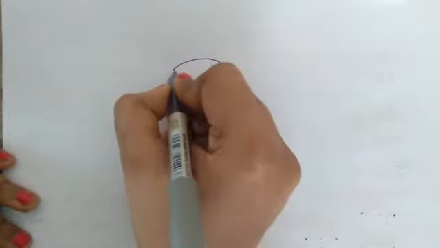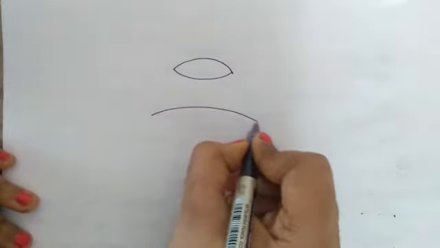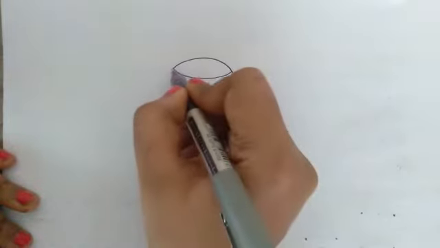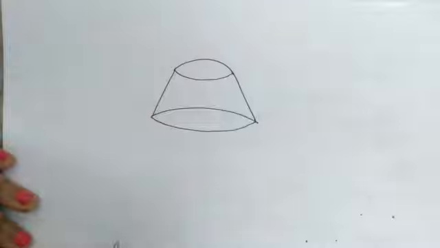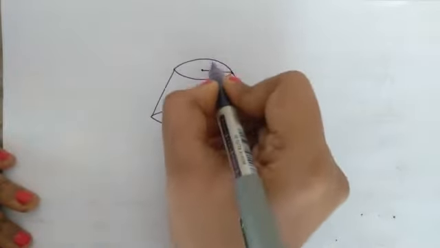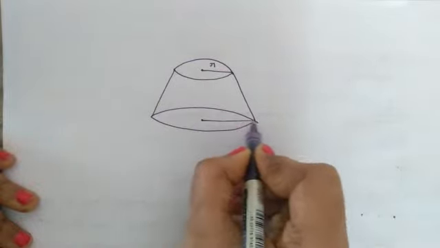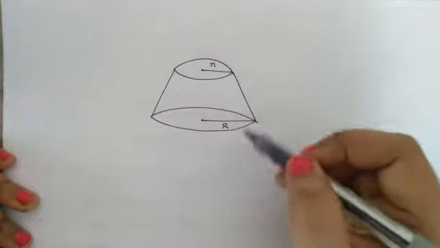So this is how a frustum looks. You have a circular part on the top and a circular part in the bottom, with lines joining the two circles. You have a center for the top circle with the radius r, and a center for the bottom circle with the radius capital R, which means the two circles are of different radius.